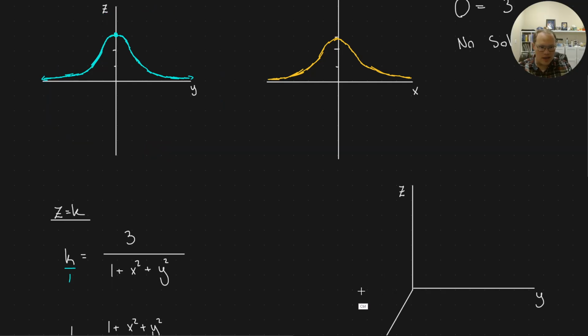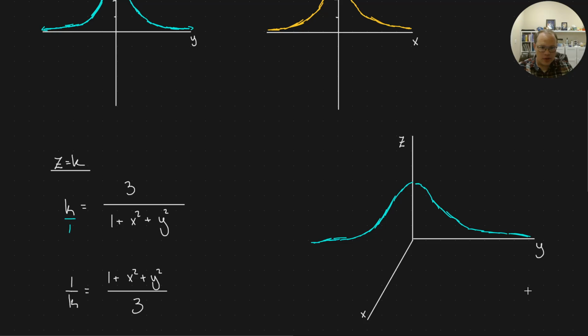here, that's the YZ plane. That's this plane here. We have something that looks roughly like this. Going in the other direction, in the XZ plane, we have the exact same structure, just in the other plane.